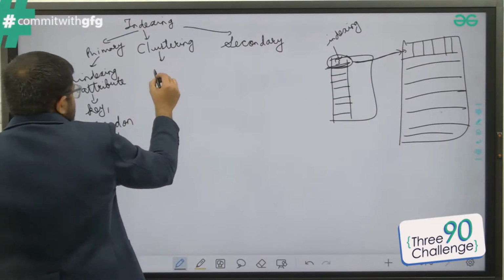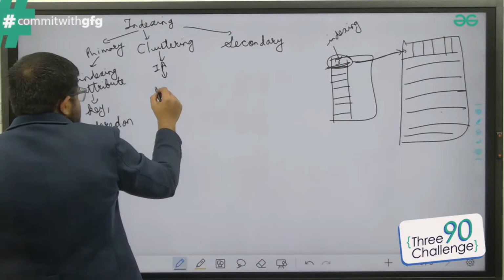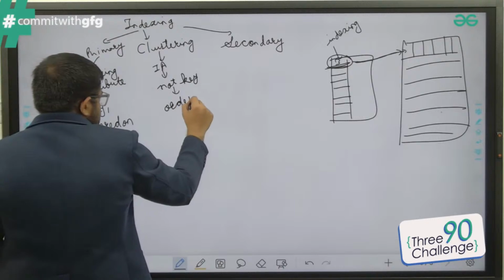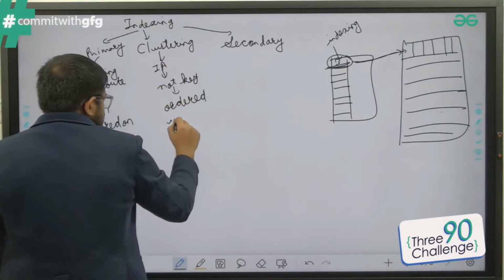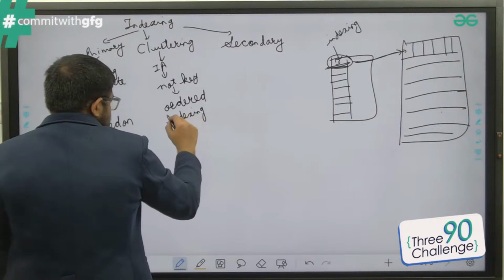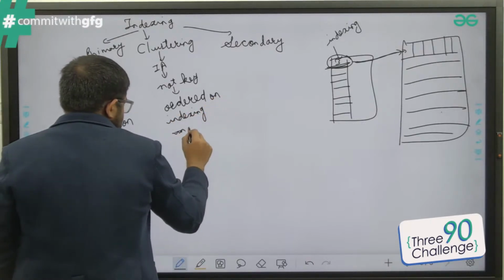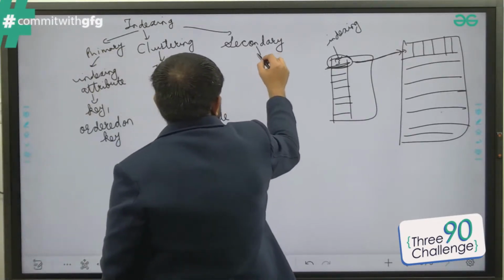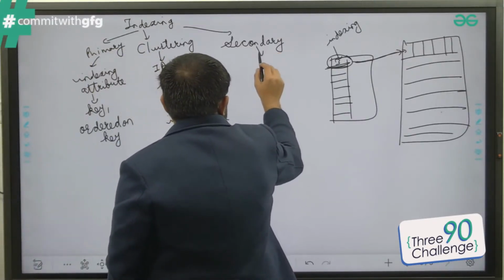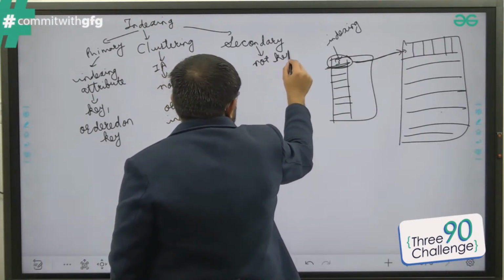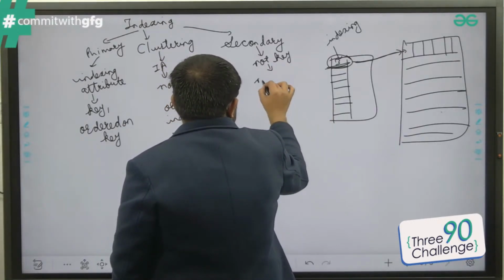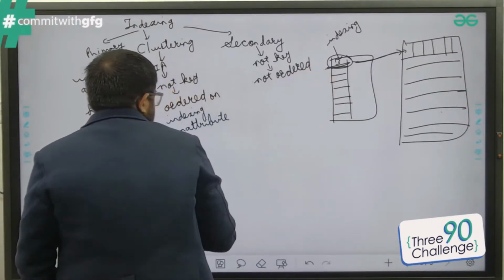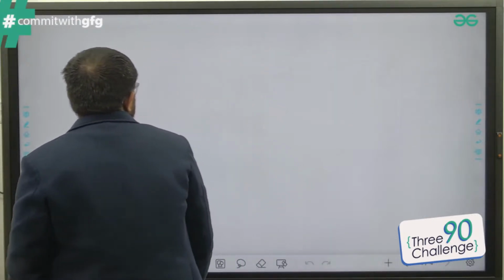Clustering means the indexing attribute which you take is not a key, but the data is ordered based on the indexing attribute. And when we talk about secondary indexing, here the indexing attribute is not a key, and the data is not ordered based on that indexing attribute.